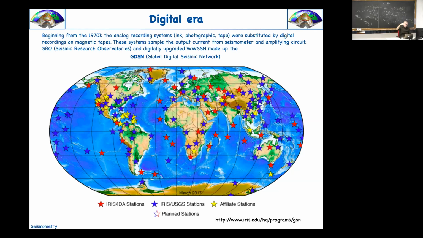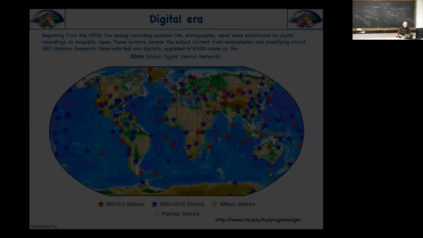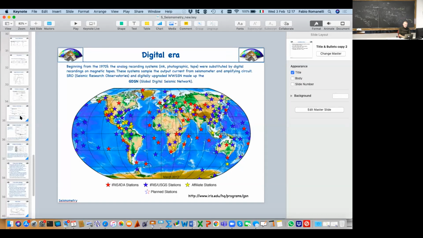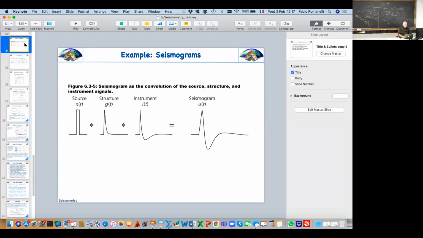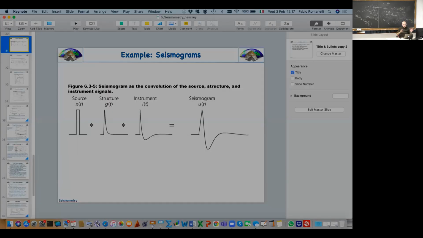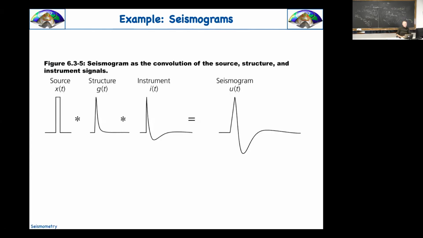So in this brief history of seismometry, we started from the basic idea of an inertial instrument. Okay, Wood-Anderson, okay, magnitude. And we will see on Friday what's the consequence. WWSSN has become GDSN. But let me spend a couple of words about, let's call them, simple concepts that we can easily discuss.